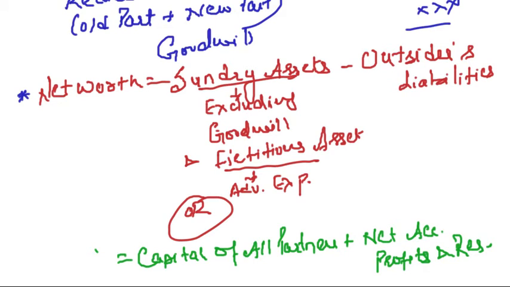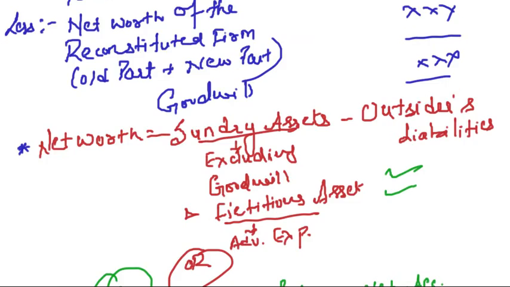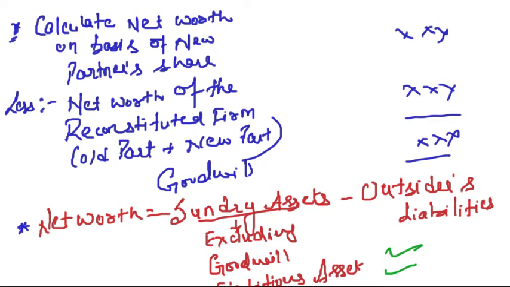So these are the two ways in which we can calculate the net worth of the reconstituted firm if we are given the balance sheet. We can calculate in this way also, or in this way also, if we have the information. Right? You can write this down, friends. Calculate the net worth on the basis of the new partner's capital share.